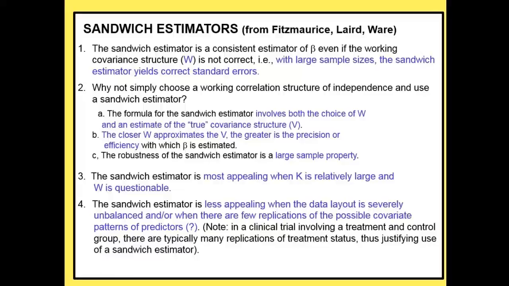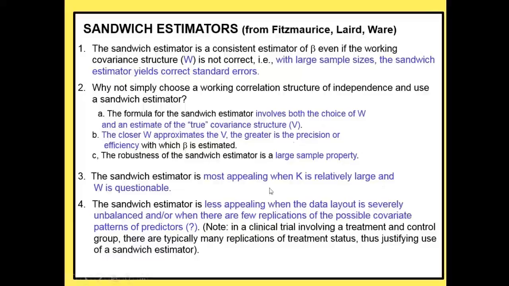In other words, the adjusted standard errors you get for different choices of W won't necessarily be the same. They're correct for their choice of W, but not necessarily the same answer. So it's a large sample property, but you might get different answers depending upon what W you choose, W being the one that you specify, whatever the true correlation structure is.